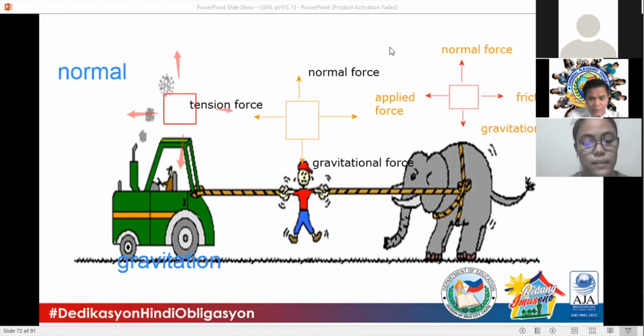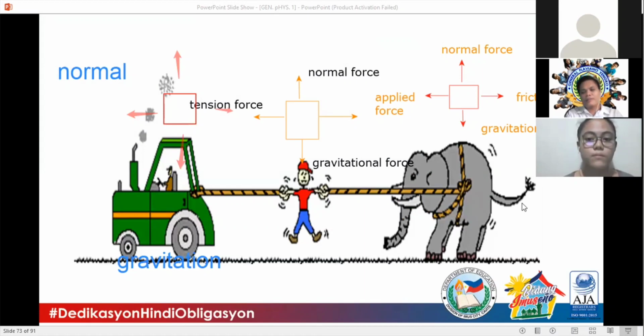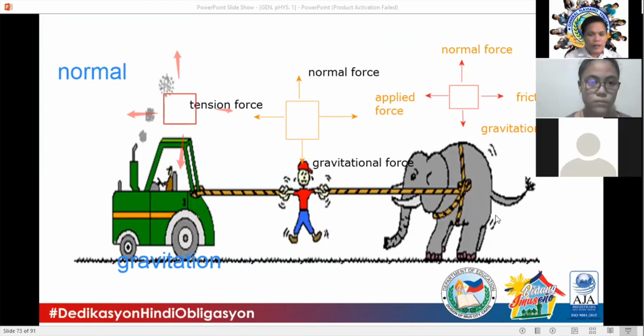Okay. So you will notice kasi, kung wala kasing frictional force on the ground, preferably matutumba si elephant, di ba? So ang ginagawa ni frictional force, technically defined as the opposing force, siya yung naghihinder dun sa mga paa ni elephant to stop the elephant.